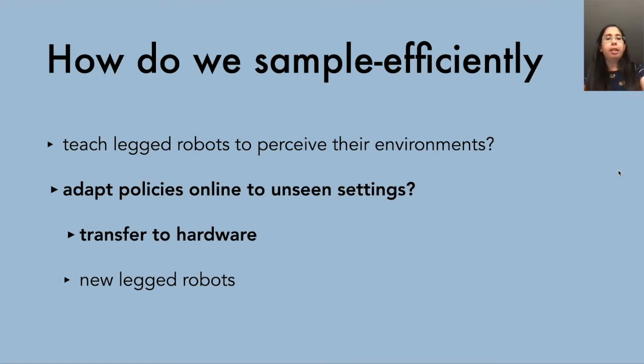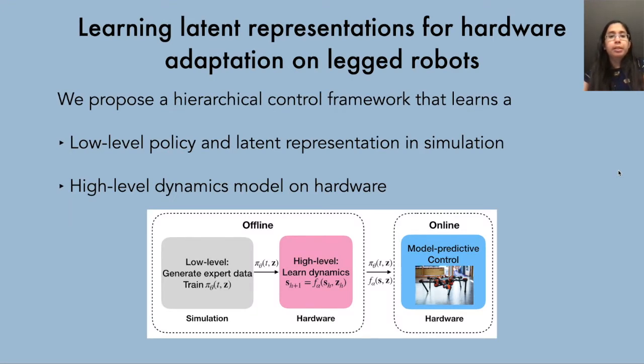So let's first talk about how do we adapt policies online to unseen settings. And in this case, the unseen setting or disturbances come from the sim-to-real gap. So in this work, we basically learn latent representations that are designed for adaptation on hardware for a particular legged robot. And the idea here is that we are proposing a hierarchical control framework, which is learning a low-level policy and a high-level latent action in simulation, which can together basically represent a lot of different behaviors on different legged robots.